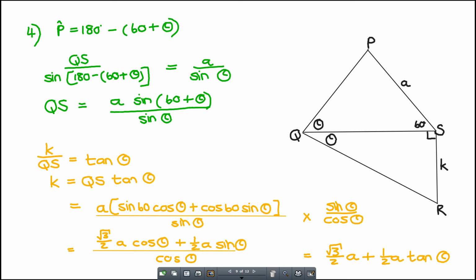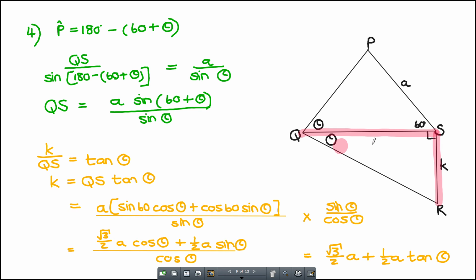Okay, now my next step is to work with the triangle at the bottom. I want to work out QS. And I have K, and I have this angle. So if I work from that angle, have a look. Opposite over adjacent.